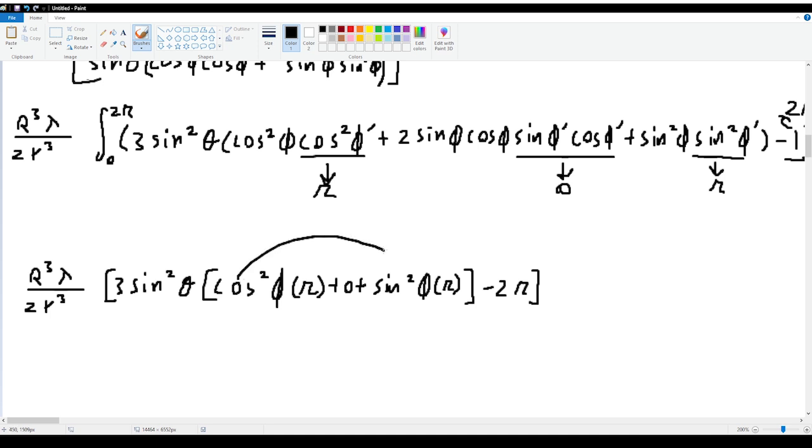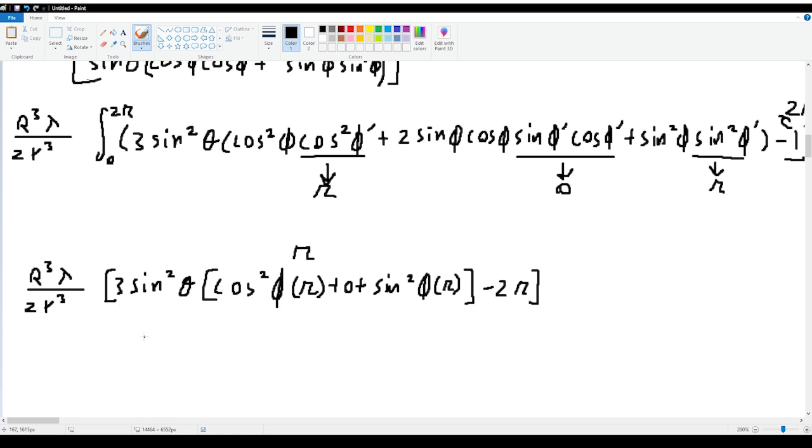So observe that this is just 1, cosine squared plus sine squared. So this is just 1 times pi, and that ends up just being pi. So we're going to end up with pi for this whole thing.